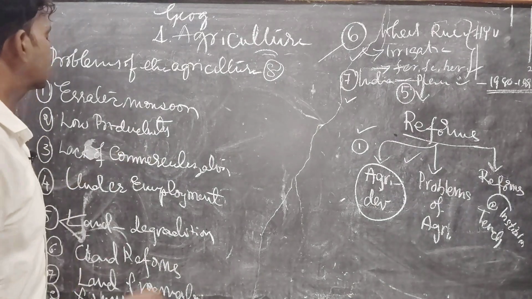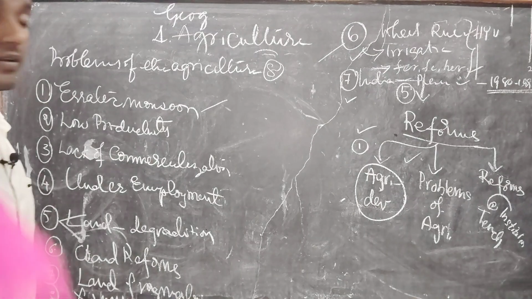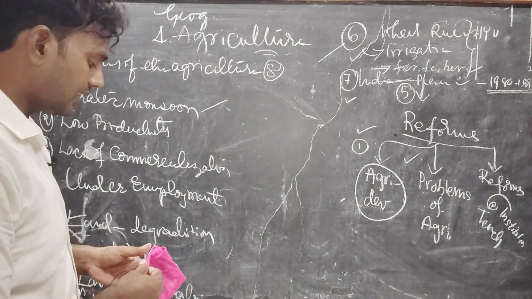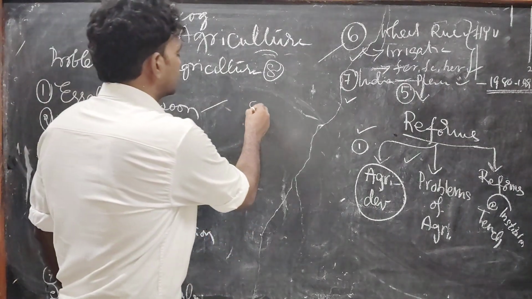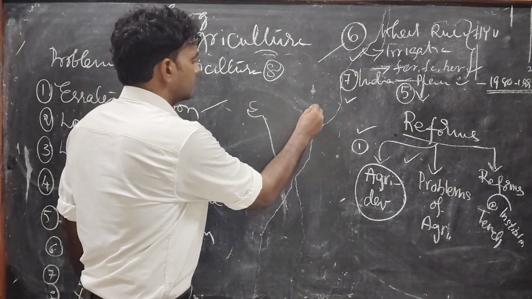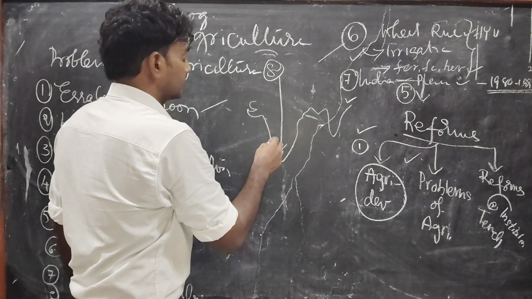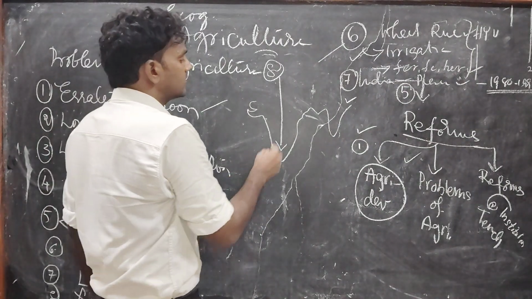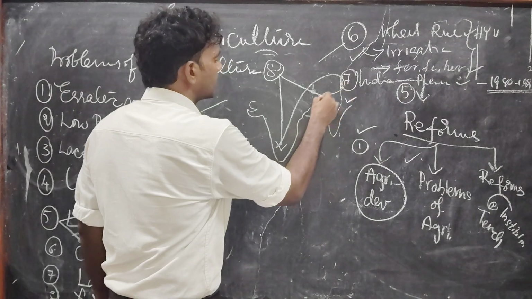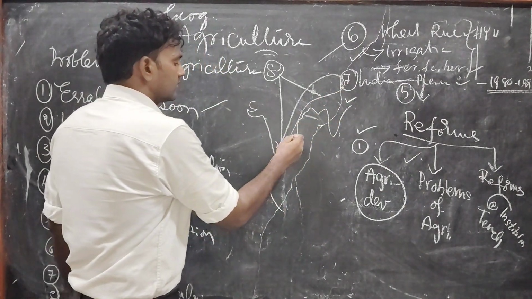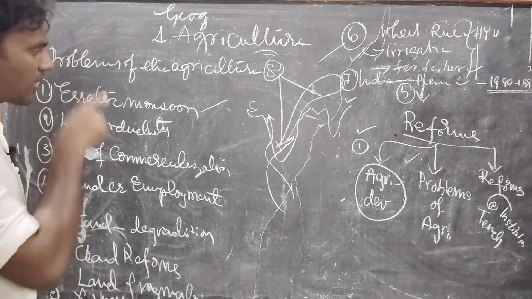See, erratic monsoon. Erratic monsoon means irregular monsoon. See, in India, as we already discussed, South Central Asia and Southeast Asia, these lands depend on the monsoon climate. So what happened?